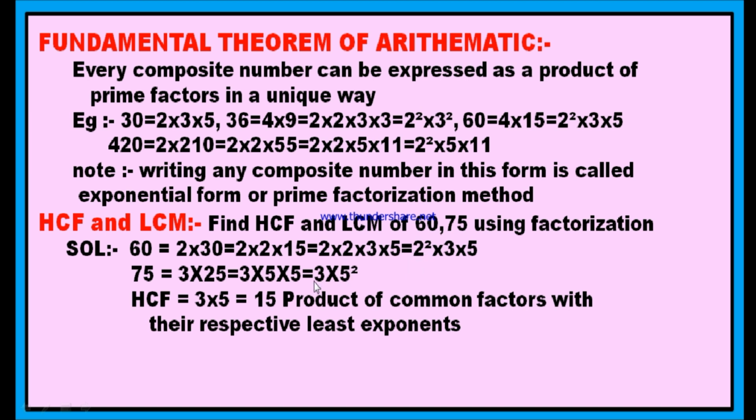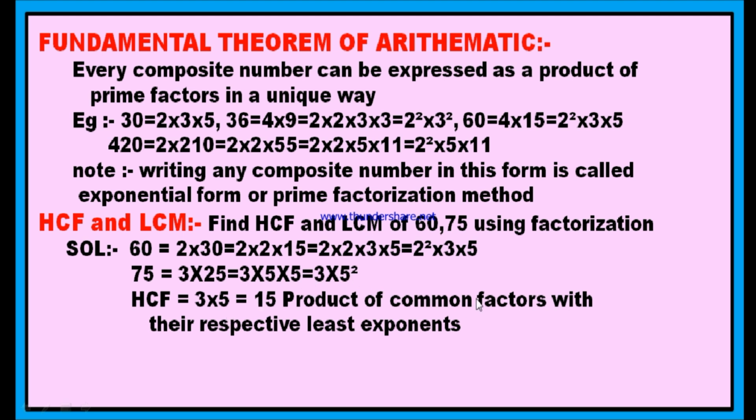Here the factor is 2, but there is no 2 in 75. Here is a factor 3 in 60. 3 is also a factor of 75. Therefore, HCF is equal to 3 into. Here 5 is a factor of 60 and 5 square is a factor of 75. Therefore, which is common? 5 and 5 square, the common is 5.